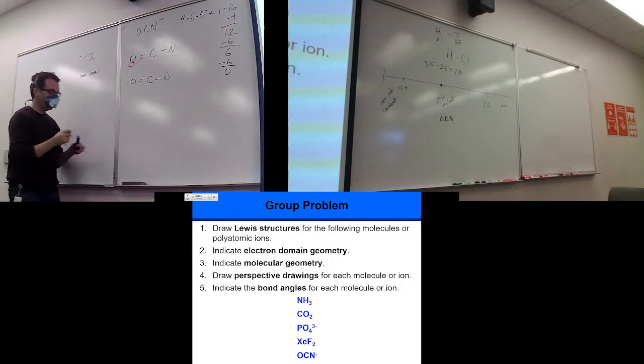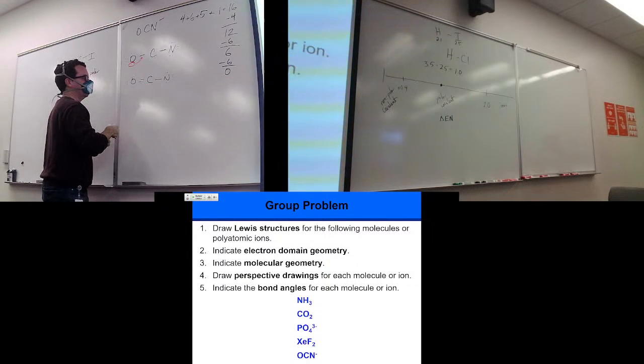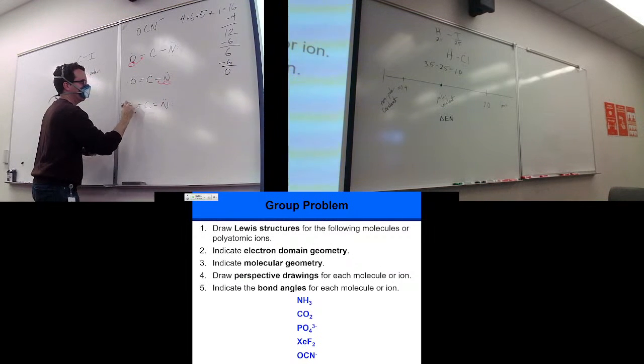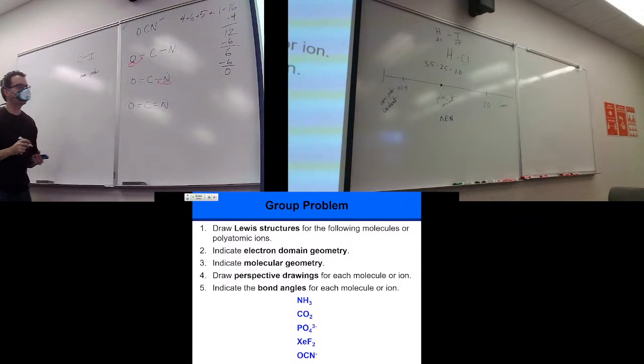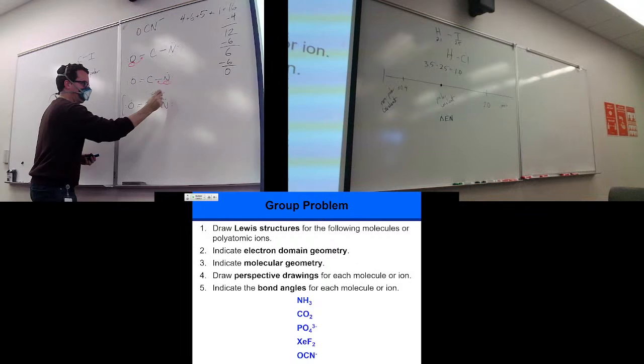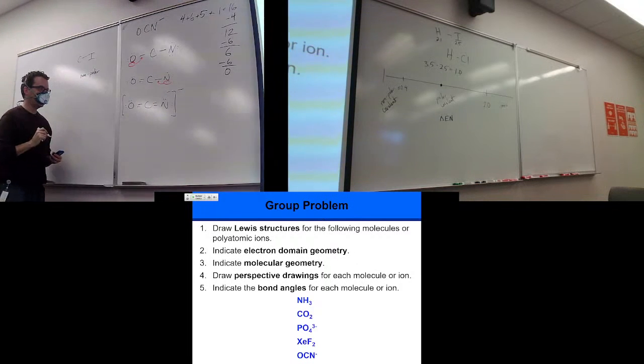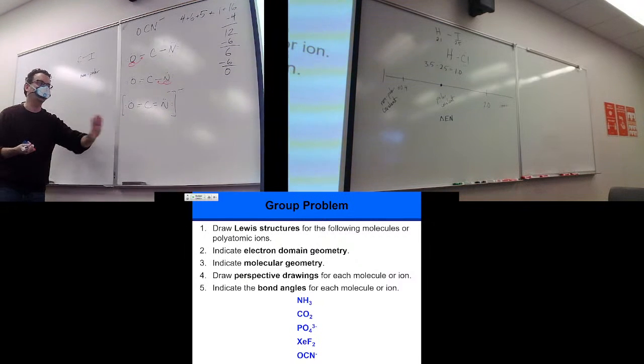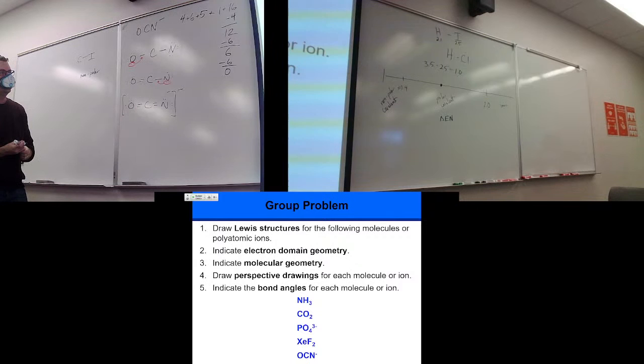It's not enough. Well, let's share another pair from this side. And then I end up with that. And that is a good Lewis structure, although I need to show that it is negatively charged. Honestly, this is not the best Lewis structure, but let's just go with this for right now.